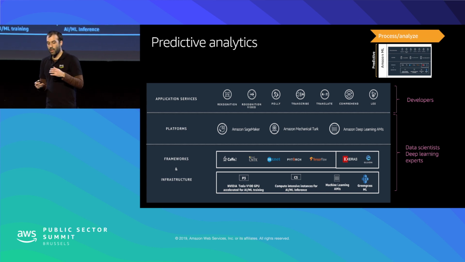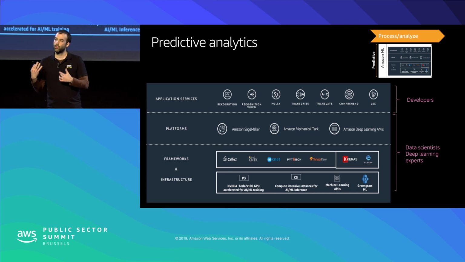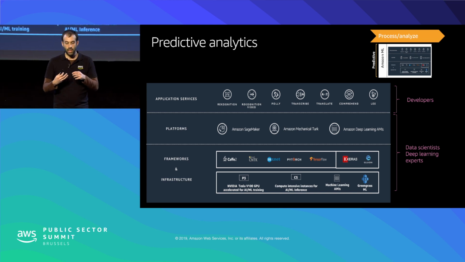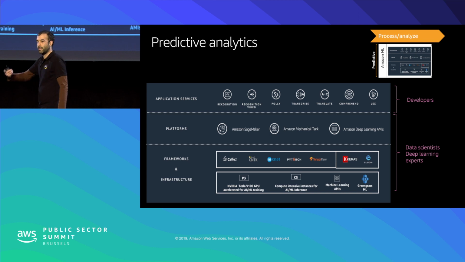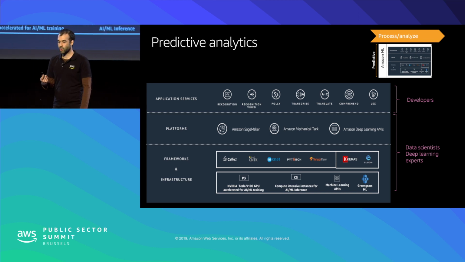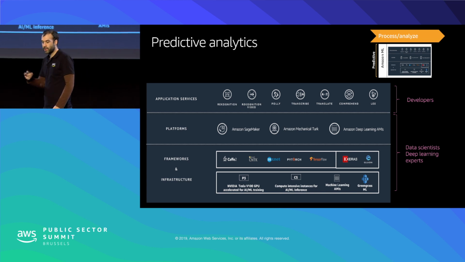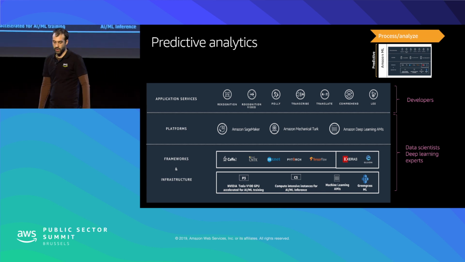And applications are just for developers who want to use machine learning in their application, but don't want to implement machine learning. So we have some algorithms that are successful at Amazon.com, like Comprehend, which does natural language processing, and you can integrate that by calling those APIs.